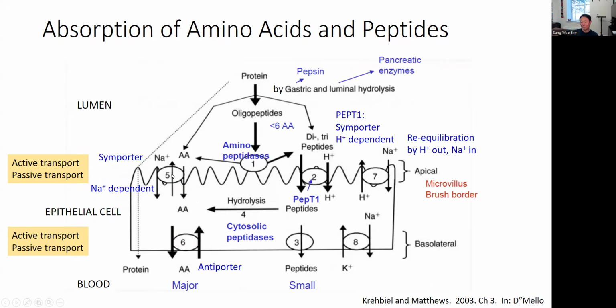So that is a little difference between apical membrane and basolateral membrane in terms of amino acid transport. But both of them either use energy or not.